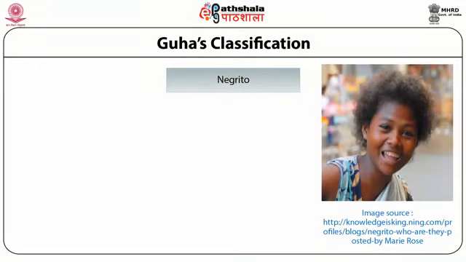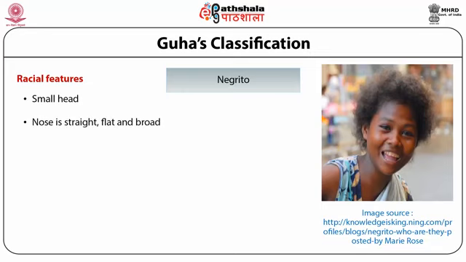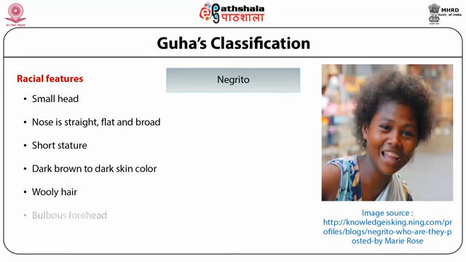Negritos are considered to be the first immigrants of India. Their physical characteristics are a small head which is round, medium or long, nose is straight, flat and broad, very short or pygmy stature, dark brown to dark skin color, woolly hair, bulbous forehead, and smooth supraorbital ridges.